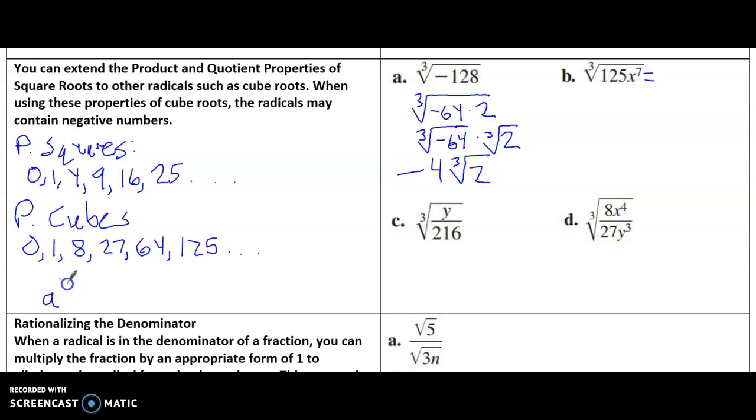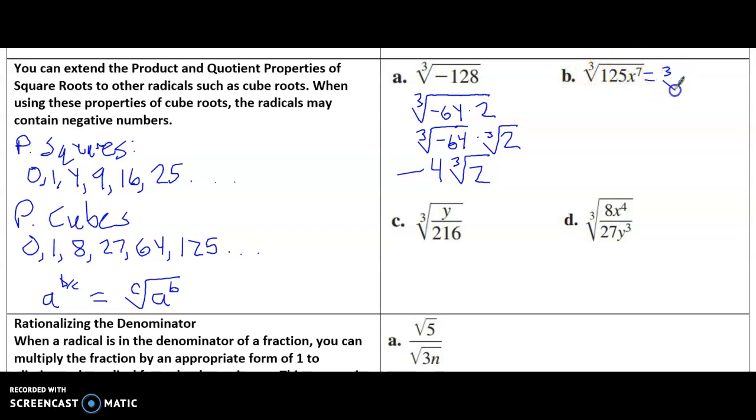So if I have a to the b over c power, the denominator of the rational exponent, that is the root that you are taking. So 7 is b, 3 is c. You can't divide 7 by 3.